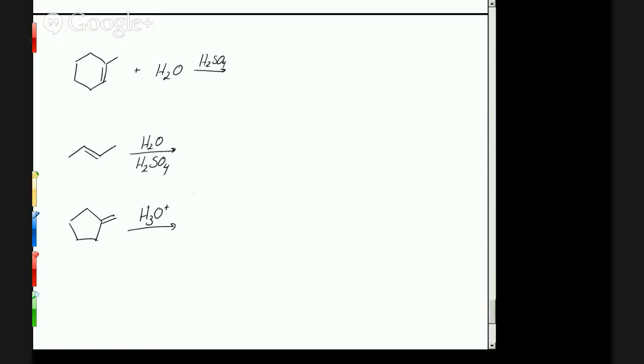That you don't get a bottle of hydronium, but you can get a bottle of water with acid in it, and that's the same thing. So a bottle of sulfuric acid, dilute sulfuric acid, concentrated sulfuric acid, whatever, is basically hydronium ion with sulfate counterions, or hydrogen sulfate counterions. Okay, so see if you can draw the products to those three reactions, given what we just talked about.